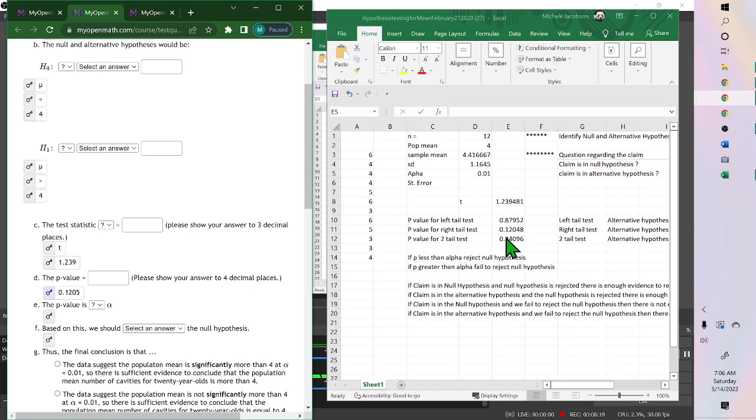Okay, so if we look at the p-value, 0.12, and the alpha is 0.01. So the p-value is definitely greater than alpha. If the p-value is greater than alpha, fail to reject.